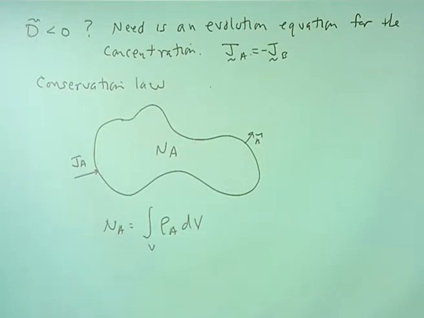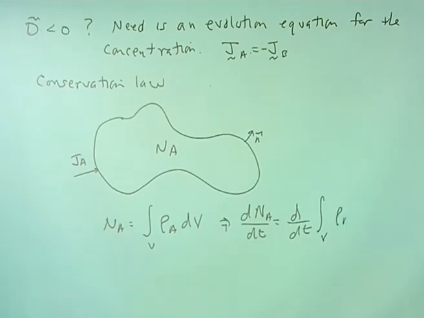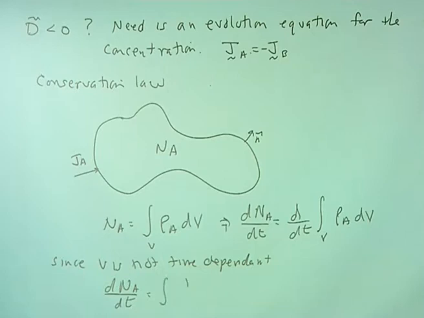And so if you took the derivative of this, I guess you should say this implies, it's going to be equal to d by dt of the integral of rho A over V. And since V is not time dependent, you can pull the derivative in there.